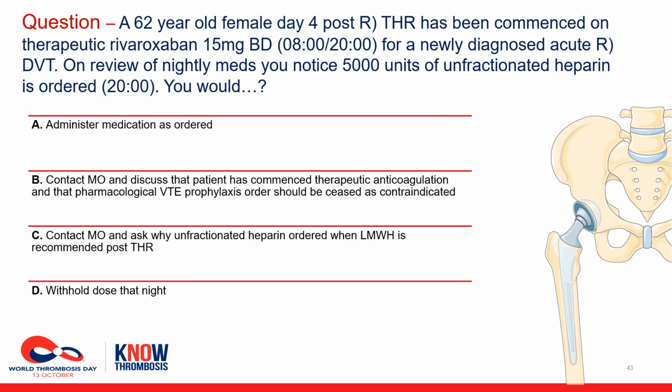So, question. A 62-year-old female, day 4, post right total hip replacement, has been commenced on therapeutic rivaroxaban 15 milligrams twice a day for a newly diagnosed acute right DVT. On review of her nightly meds, you notice 5,000 units of unfractionated heparin is ordered at 8 o'clock that night. You would: A. Administer medication as ordered.